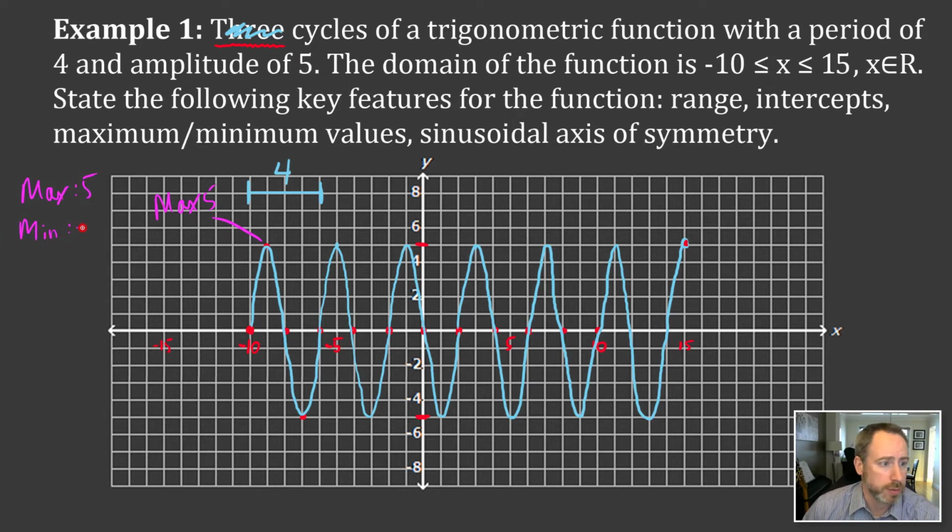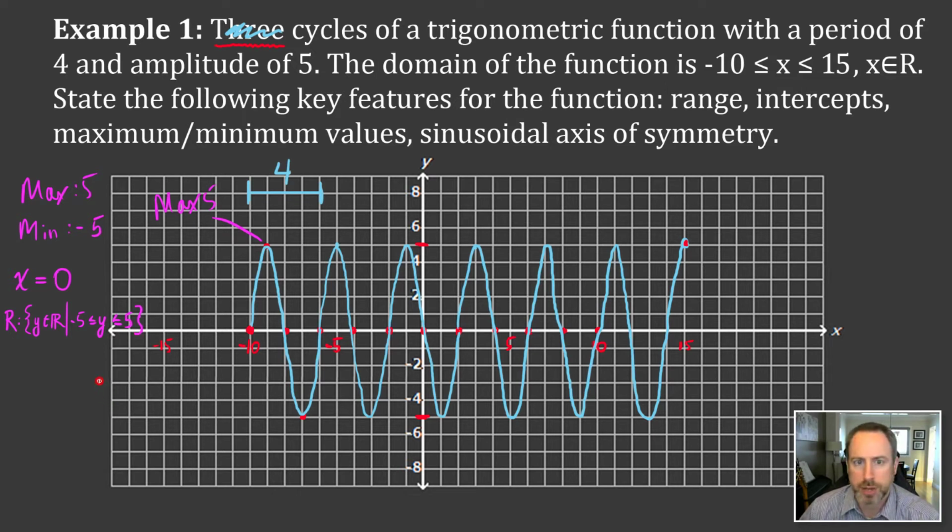The sinusoidal axis of symmetry, I chose to be x equals 0, nice and easy. What is the range? Well, my range, if I can squeak this in here, is y is an element of the reals such that we're going from our minimum to our maximum.